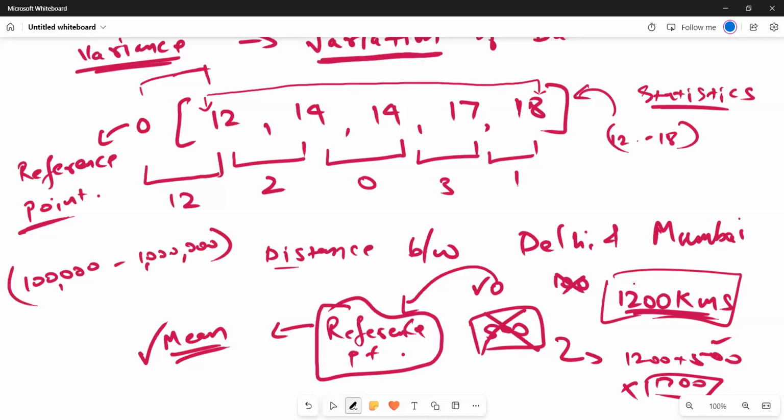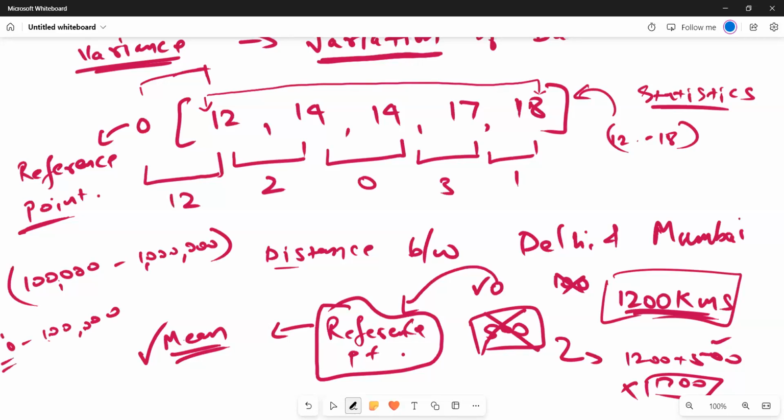If this is the scenario, the difference between 0 and 100,000 is 100,000 itself. So when I'm taking my reference point as origin, there's a problem.